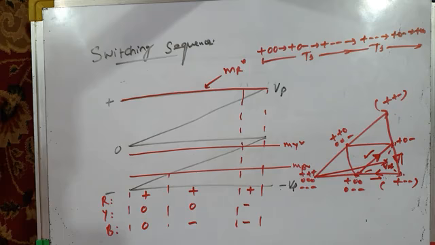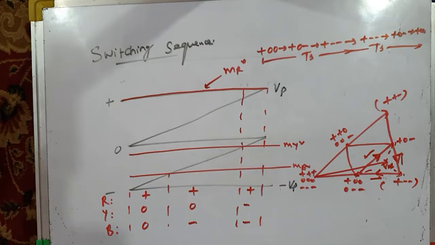So that's all. I think I should call it a day. That's all about sine triangle PWM, third harmonic injection PWM and bus clamping PWM, in which we discussed 60-degree clamp PWM for a 3-phase, 3-level or 3-phase NPC voltage source inverter.